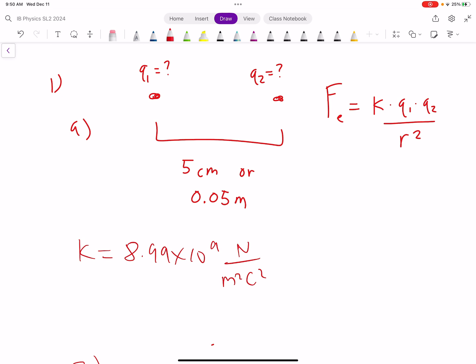Everything in these equations needs to be converted to meters for distance, which is r, coulombs for charge, which is Q1 and Q2, and newtons for force.